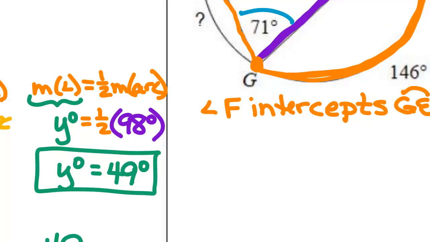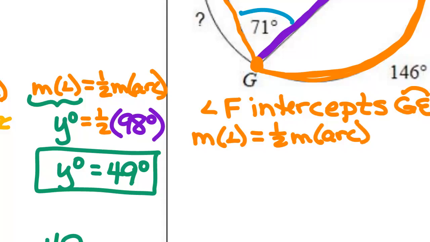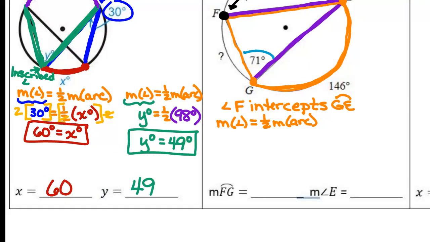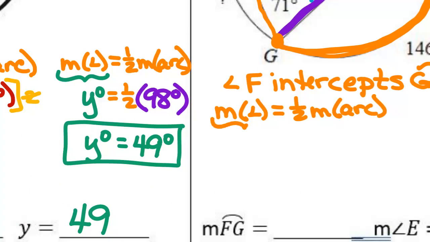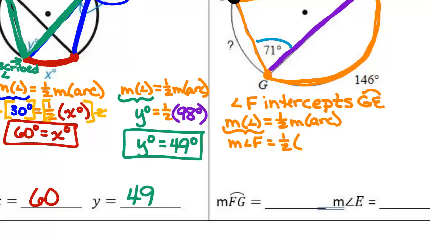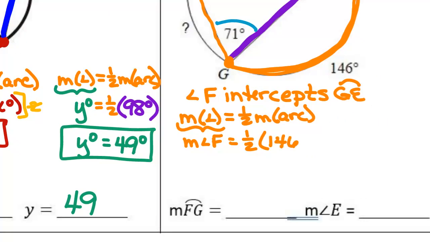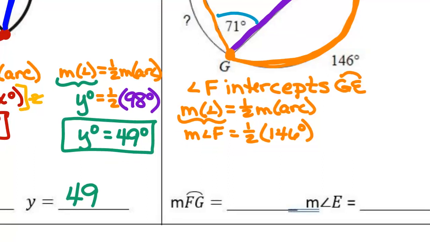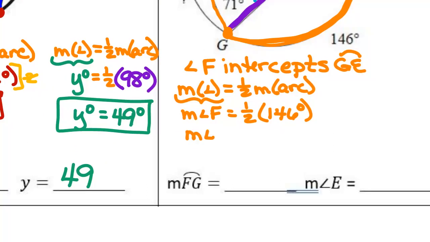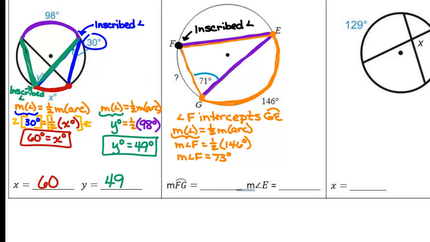So the rule that we have for inscribed angles is measurement of my angle is equal to 1/2 times the measurement of my arc. We don't know how big angle F is. Measurement of angle F is equal to half of, how big is the arc it's intercepting? 146. What is half of 146? 73. So angle F is 73 degrees.